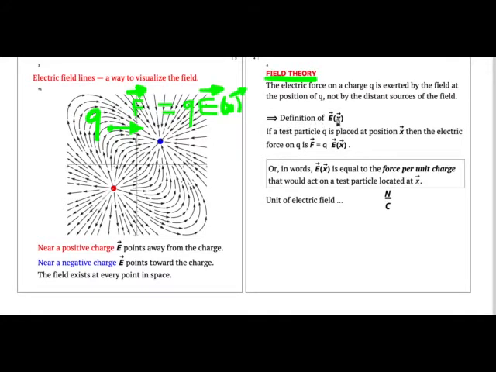The definition of the electric field, we went over it before. If we put a test charge at position x, then the electric force is Q times E of x. Or in other words, E of x is equal to the force per unit charge that would act on a test particle located at x.